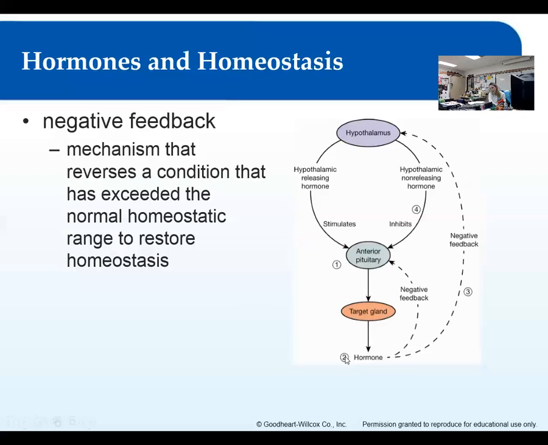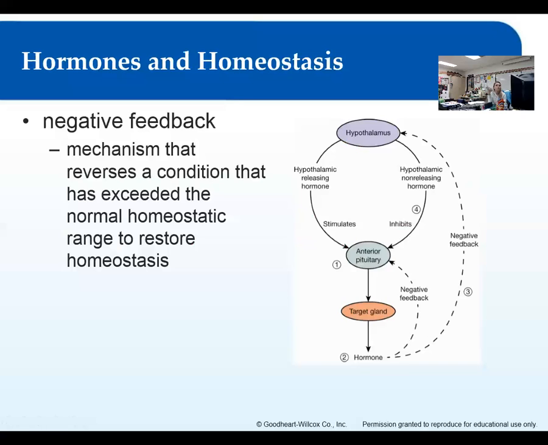Once that hormone is released, number two, the target gland releases hormones to achieve the goal, such as the stimulation of the tissues. After the goal is achieved, meaning we have enough of that hormone in the system, the target gland sends signals to the hypothalamus and pituitary telling them to slow down the flow.